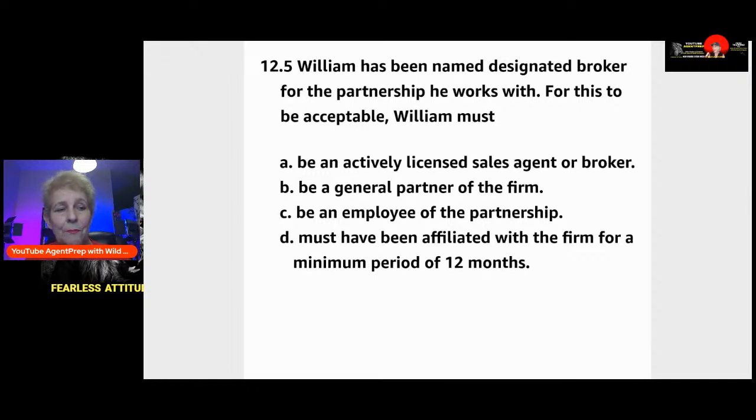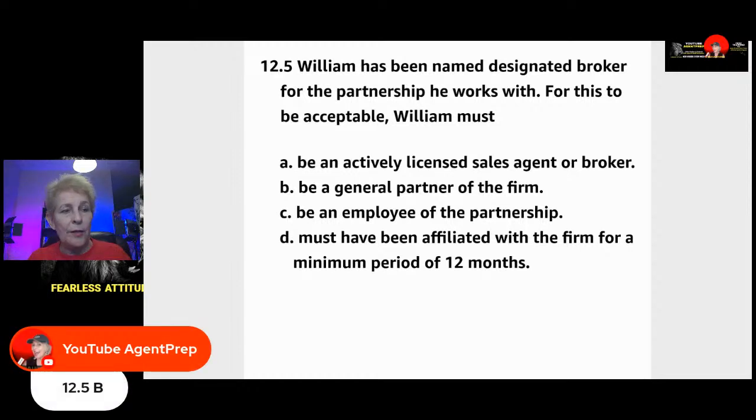A designated agent must be an officer of the corporation, a general partner of a partnership, or a manager of an LLC. So 12.5. Let me repeat again. William has been named designated broker for the partnership he works with. For this to be acceptable, William must be a general partner of the firm. A designated agent or broker is somebody who takes responsibility for signing, and must be an officer of the corporation, a general partner of the partnership, or a manager of the LLC.